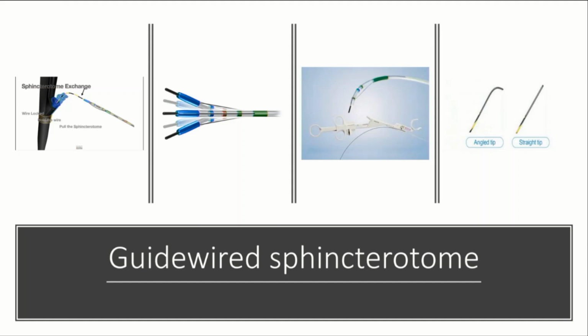There are certain brands that can also give the direction right, left, if necessary. And we're also using guide wires. So nowadays, the guide wired sphincterotome is the standard of care in order to achieve the cannulation. You can have straight guide wires, you can have angle tip guide wires, it depends on the preference.